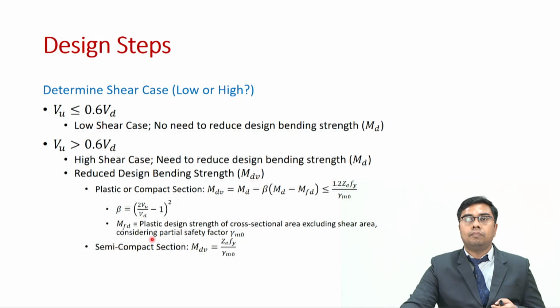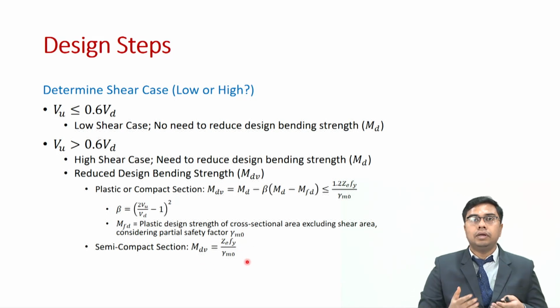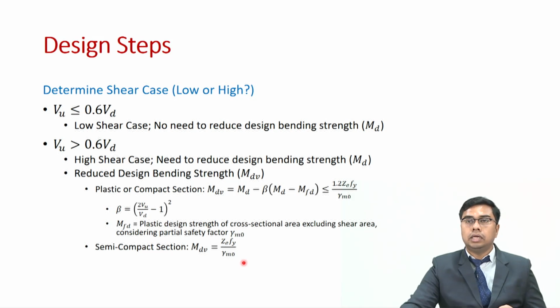For semi compact section we do not do any reduction because the section is anyway reaching only the yield moment, it is not reaching the plastic moment. So we do not need to reduce any design bending strength in case of semi compact section.